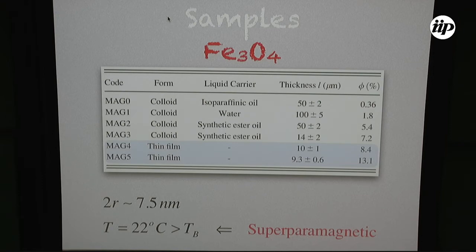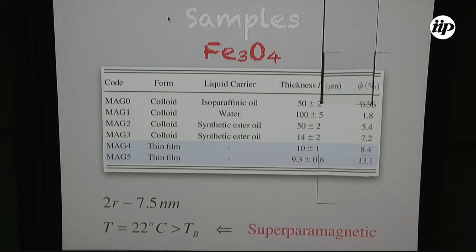It seems easy, but it's not so easy, because removing the solvent completely, for the sensitivity of the technique we are using, is not an easy job. But with some effort of our students and postdoc, we are able to clean the samples completely from the paraffinic oil, synthetic oils, and water, to compare with what we will measure in the colloidal samples.